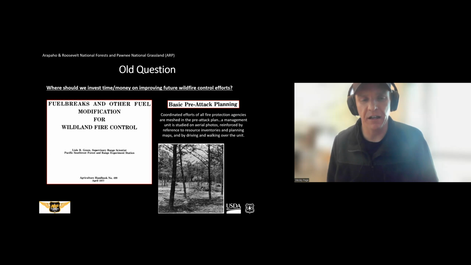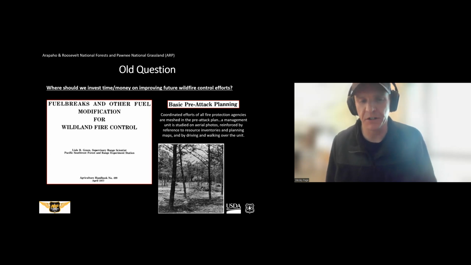It talks about a lot of the fundamental basics of what we're trying to do when we're creating fuel breaks, where they should be located, how wide they should be. But I just use it as a reference point to remember that this has been done in the past. Back then they were using aerial photos, just driving and walking the ground.